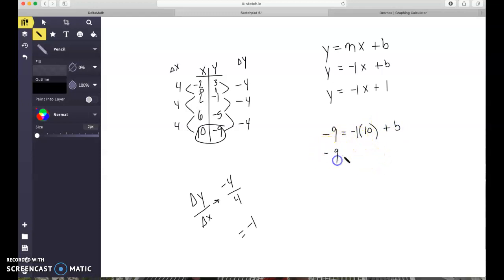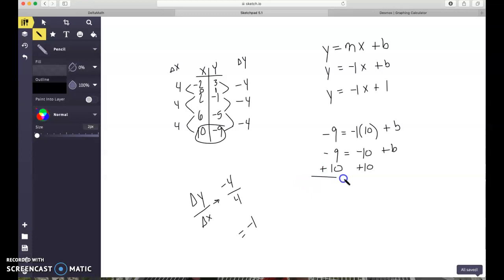First I'm going to multiply -1 and 10 to get -10, and then I need to get the -10 unattached from my b, so I need to turn it into a 0 by adding 10. My properties of equality say if I do something to one side of my equal sign, I have to do the same exact thing to the other side.